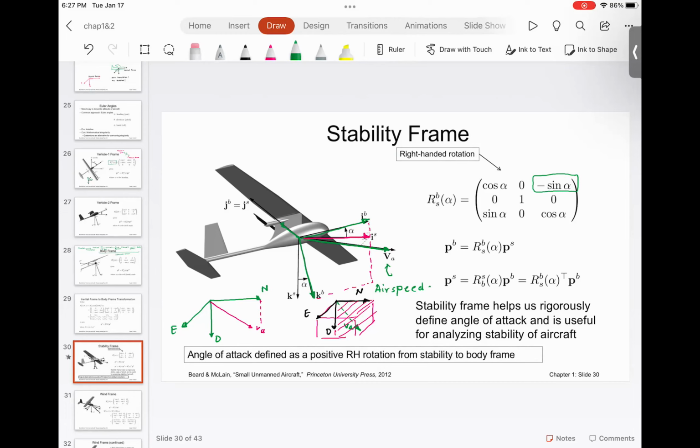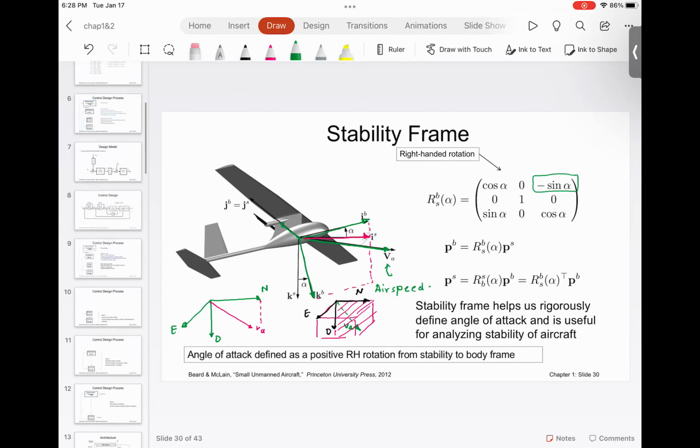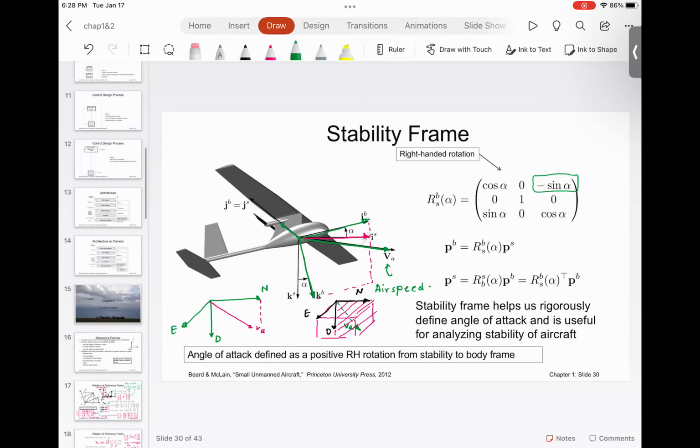Now, this is not the end of the story, but we are close. Please understand, this airspeed vector is at a certain angle, so it actually has two projections. One is the projection in this plane, and second is the projection in the vertical plane. If you see from here, you get alpha, and when you see from top, you get beta, and that is called the side slip angle.